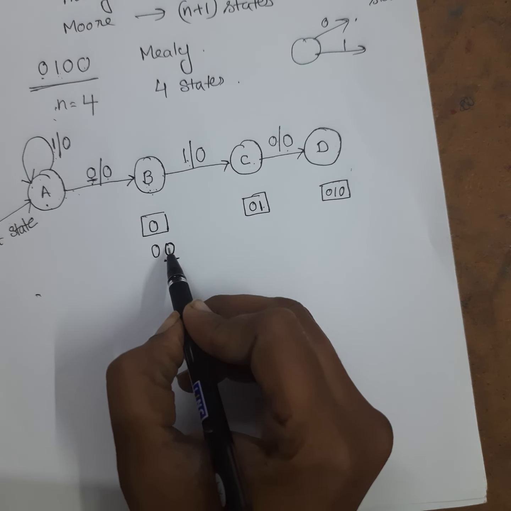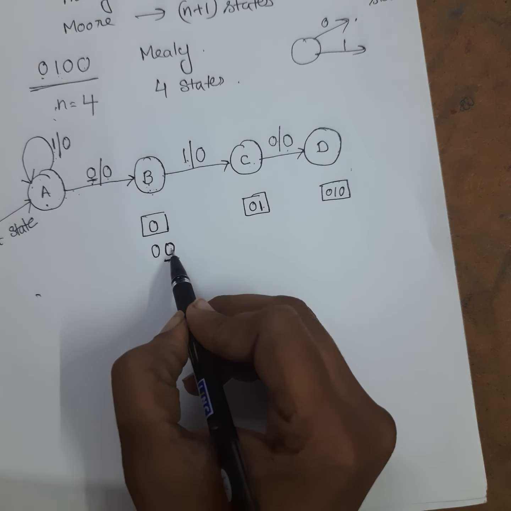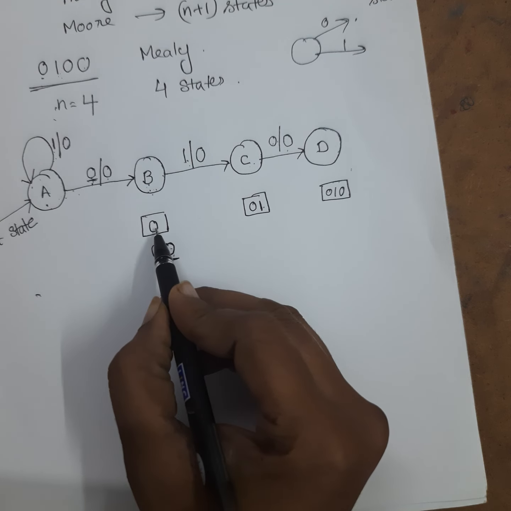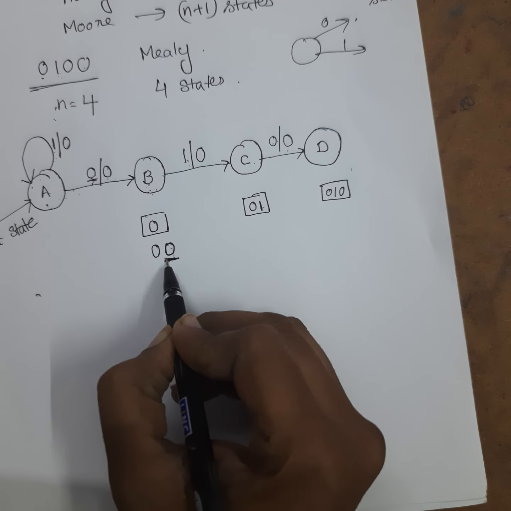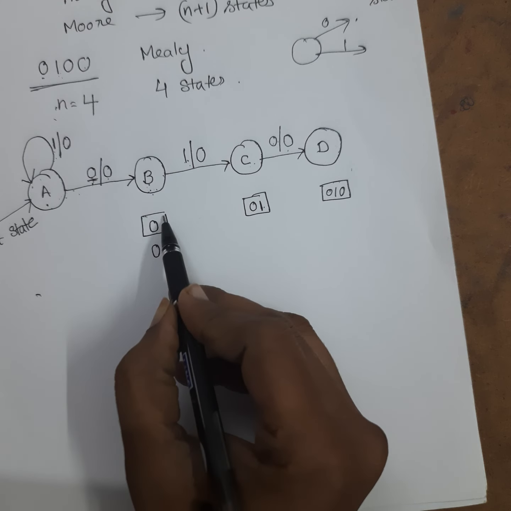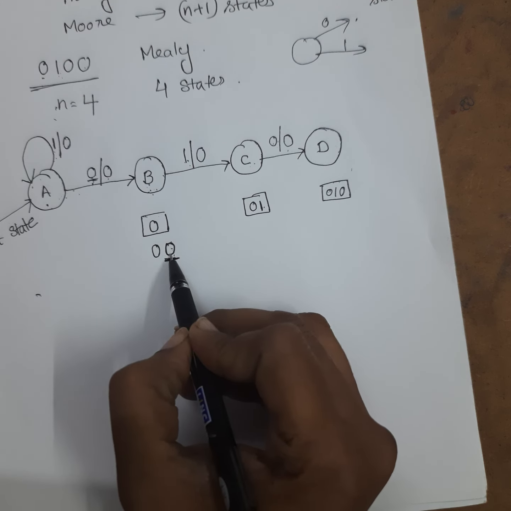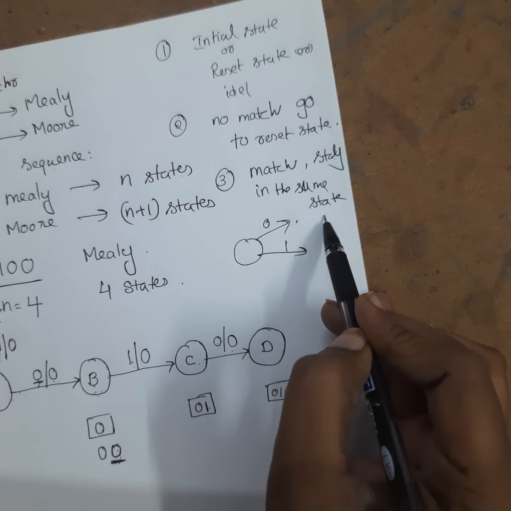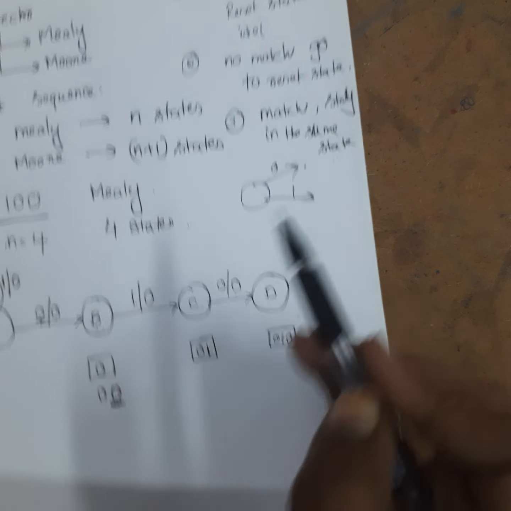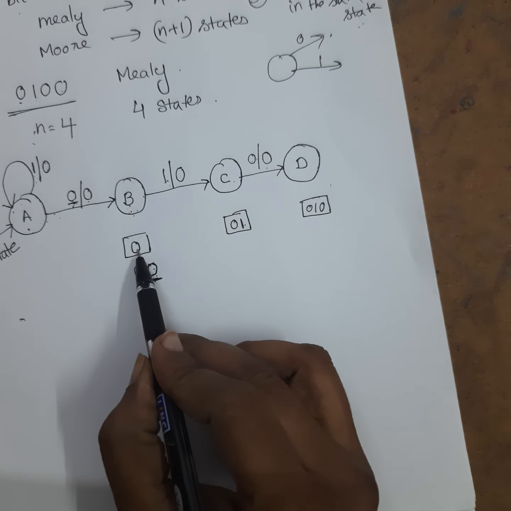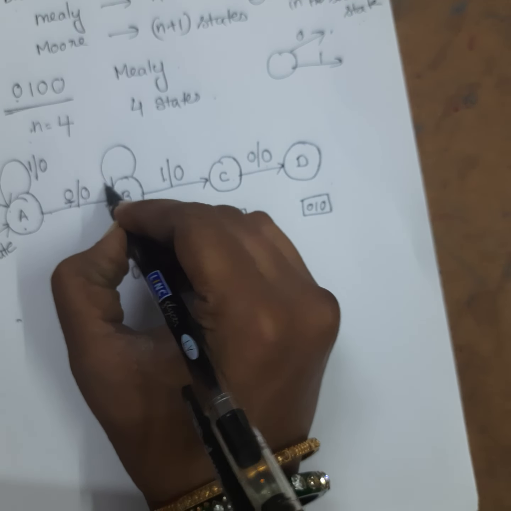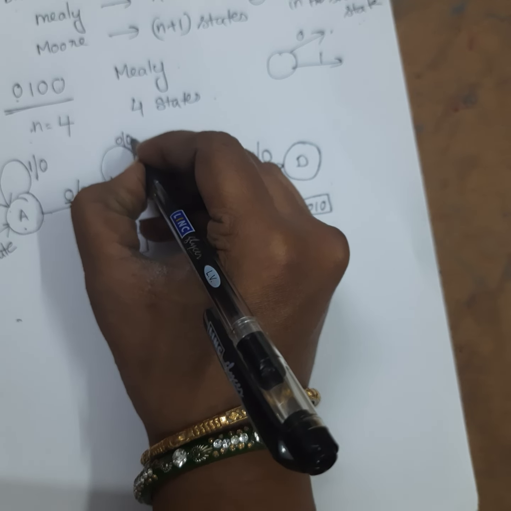Here we check for a match with the detected bits. 0 compared with the detected bit at the first position: there is a match, 0, 0. So what is our rule? If there is a match, stay in the same state. So stay in the same state with 0 by 0.